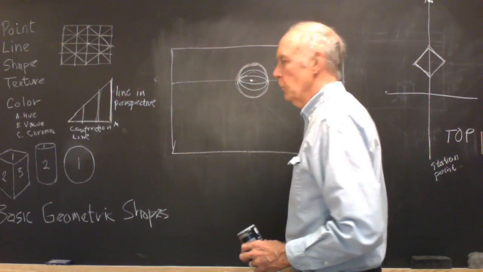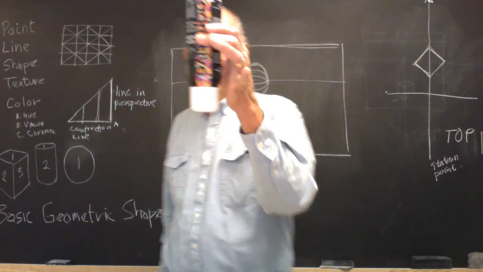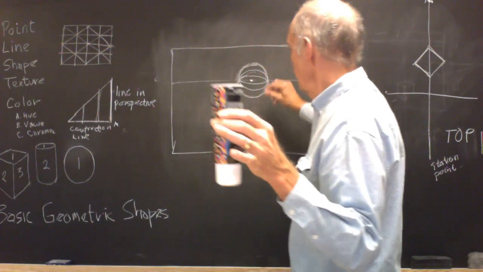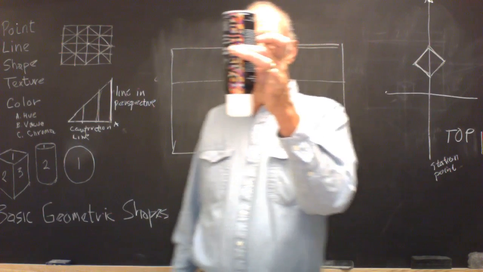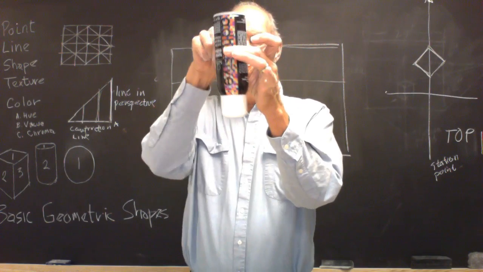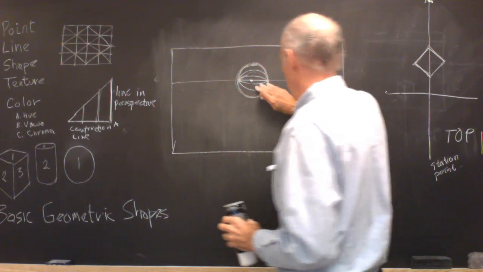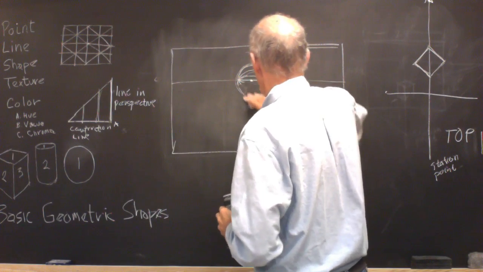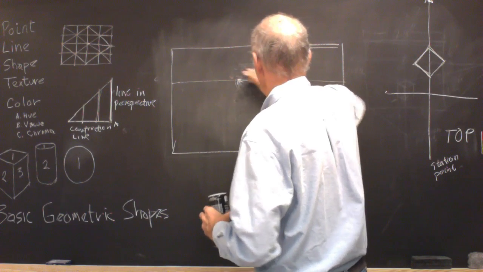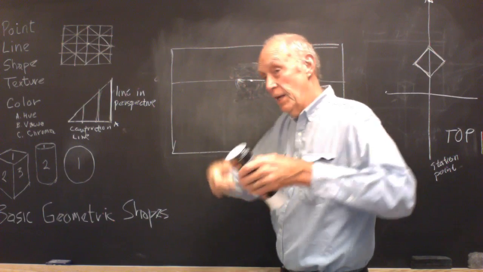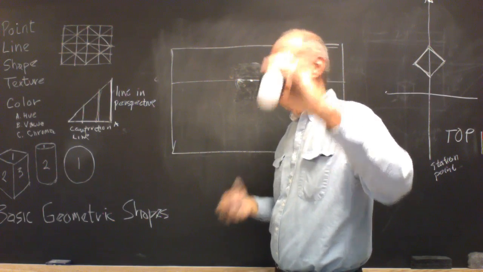Now, if I keep rotating this, it's going to turn into a line. It'd be a straight line. If I rotated it back until it was parallel to me, it would be a circle.